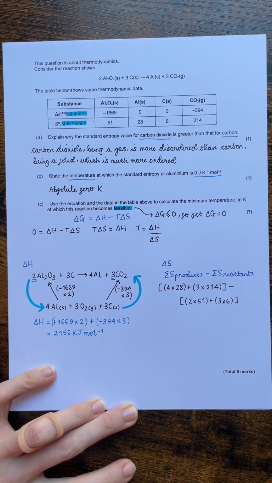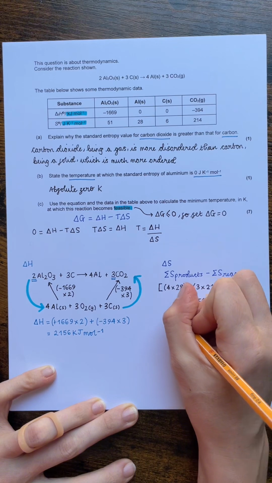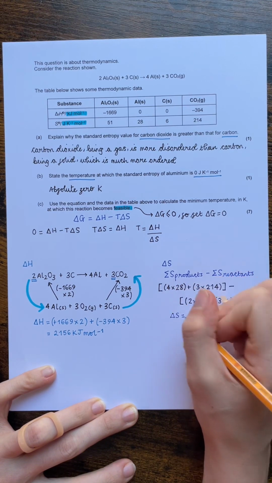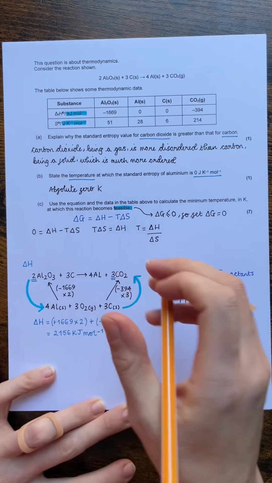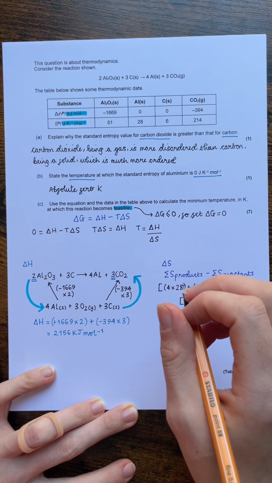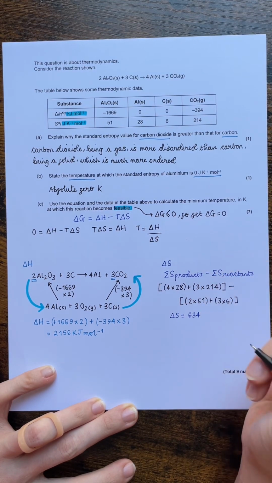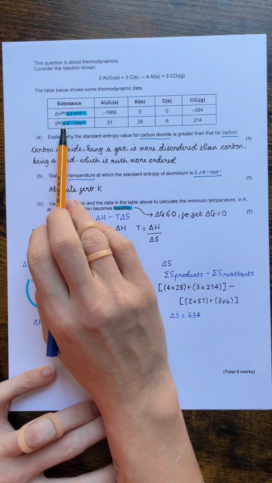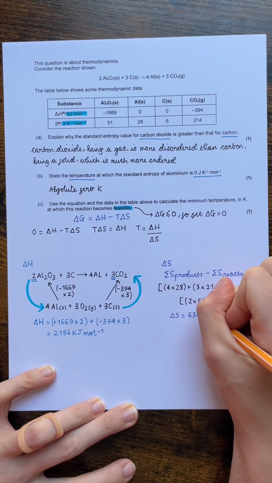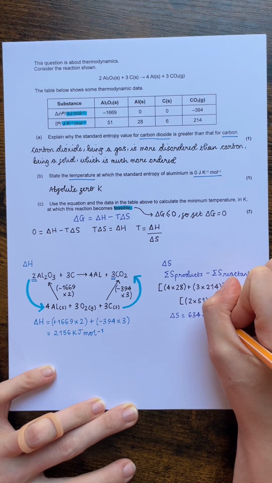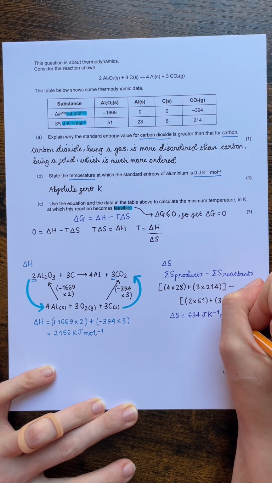That will give us our value for delta S, which is going to be 634. Just wanted to check I had that right. And that will come out, as per the units in the table, as 634 joules per Kelvin per mole.